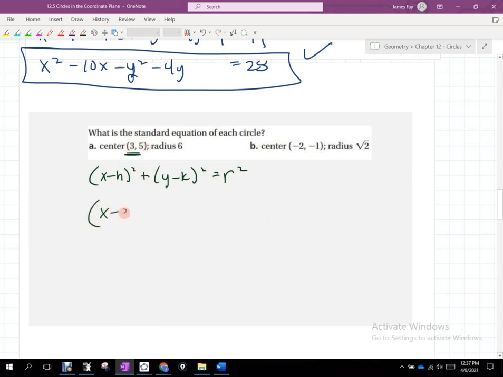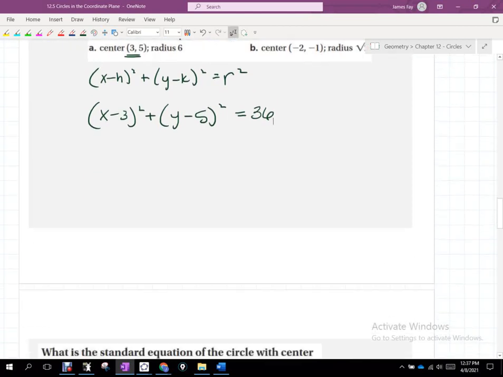So we just go x minus 3 squared plus y minus 5 squared is equal to what? 36. So if they give you the center and give you the radius, it's just kind of plug and play. It's very easy, hopefully, to generate the equation for that circle.